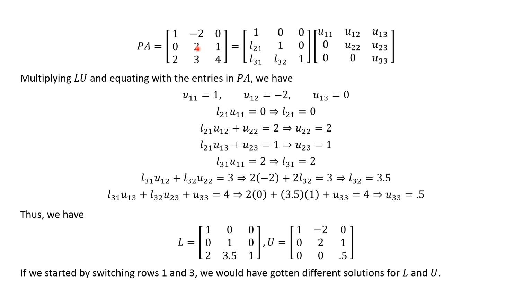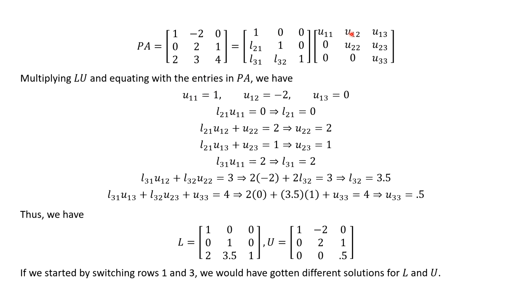I've carried over the last line from the previous slide. And now what we need to do is multiply this side on the right and then equate with the appropriate term on the left. So for example, we take row 1 here times column 1, and that's U11, and that equals 1.